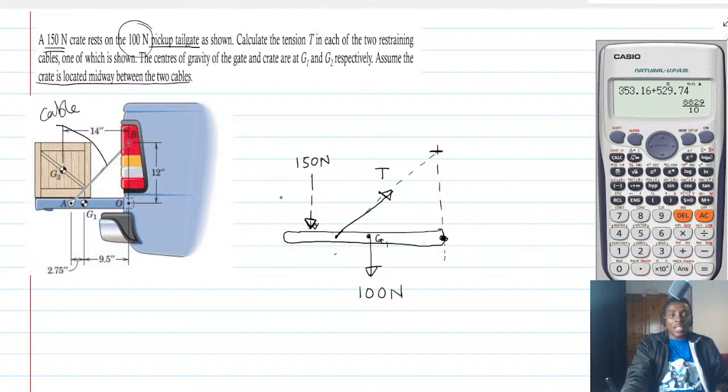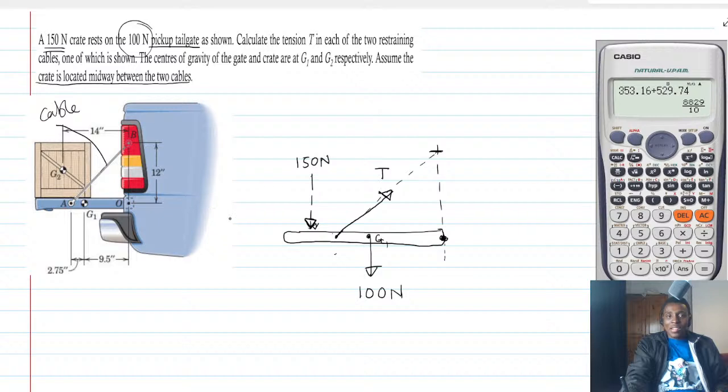Then if it is located midway between the two cables, it means that technically in this question, one half of the cable is not shown. There is only half shown, but there is another side of the cable which we cannot see. Alright, I hope it's clear.